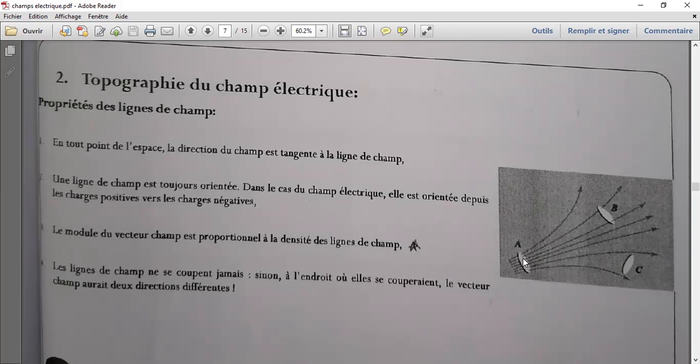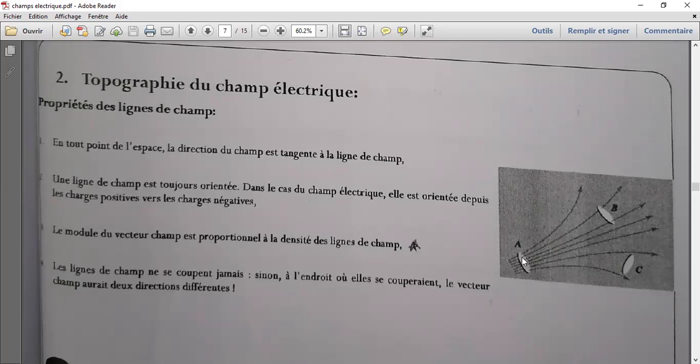You see where the line is more compacted, on A as compared to B and C. So on A, its module du vecteur champ is greater than on B. Where it is denser, the vecteur du champ is greater than where it's less dense, where the module of the vecteur du champ is also less.